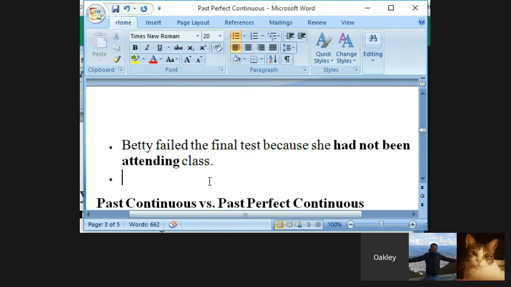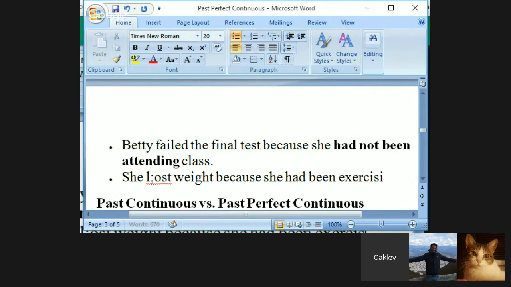Okay, Carolina, you want to try this one? Try forming a sentence that shows cause and effect. She lost weight because she had been exercising or doing a diet. Can I say diet? Yeah, all right, let me show you something.